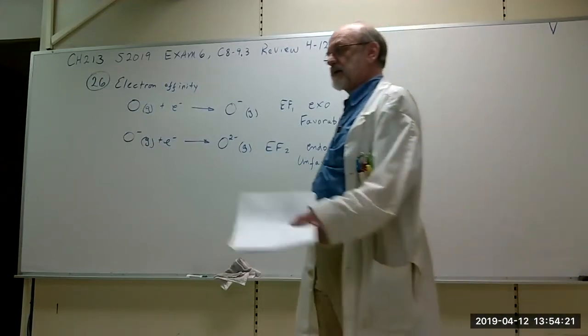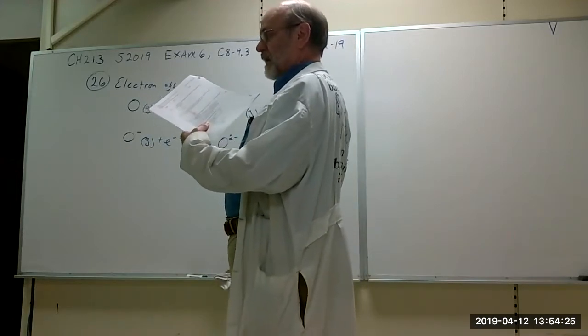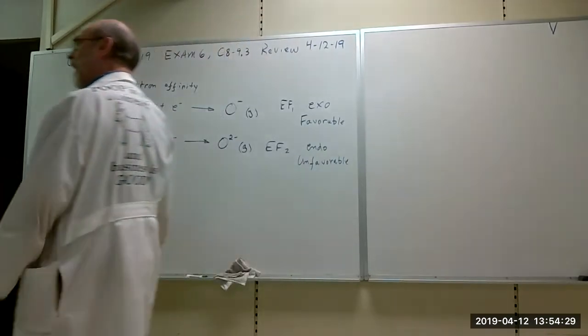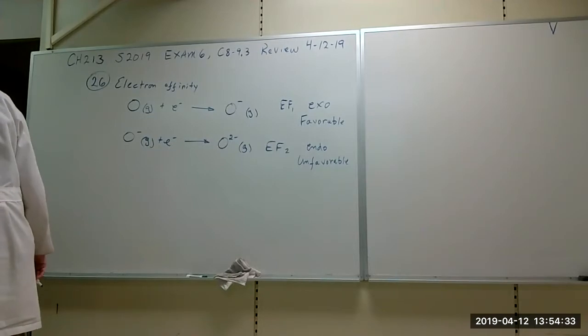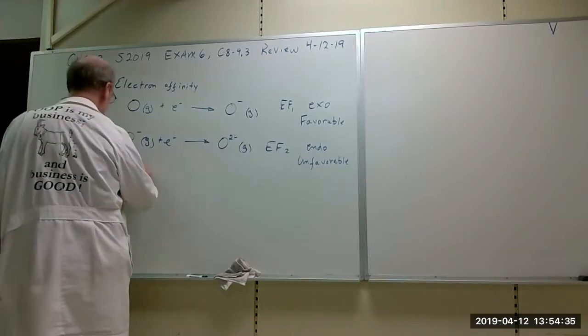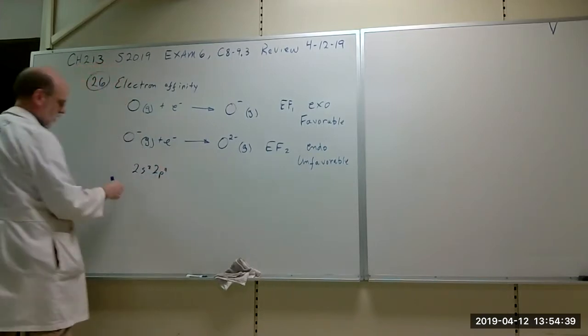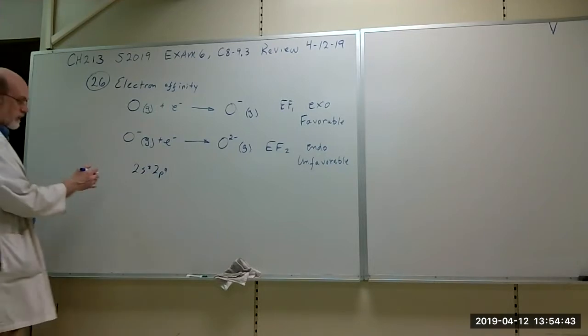The other way to look at it is electron configurations. Oxygen is going to be 2s2, 2p4. That's the valence shell.